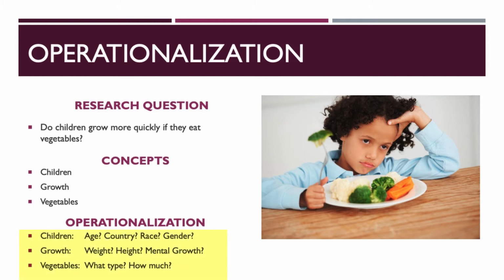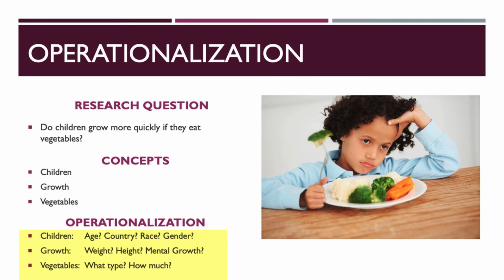Well, children, we have to be specific what we're talking about here. Is there a specific age range that we're talking about? Where do we draw that cutoff line between being a child or being a teenager or being an adult? We have to be specific. Are we talking about a specific country? Are we talking about different race or gender attributes of children that is theoretically important?